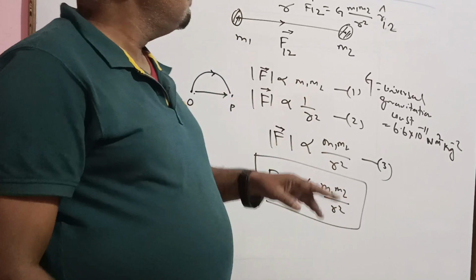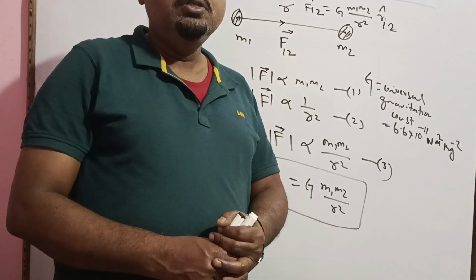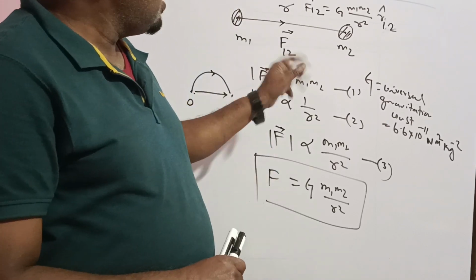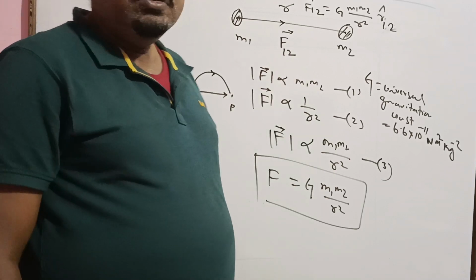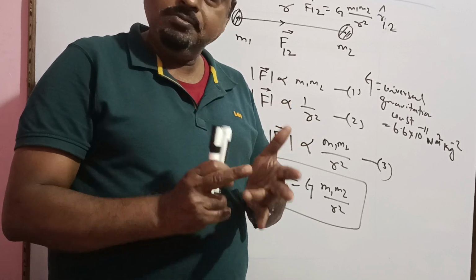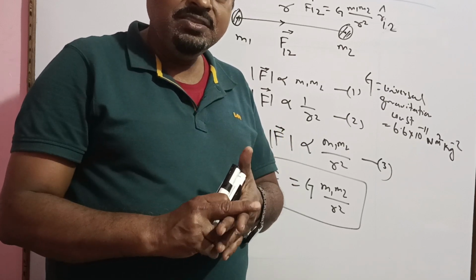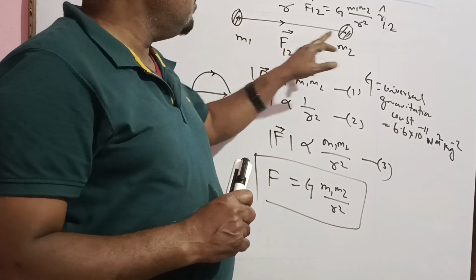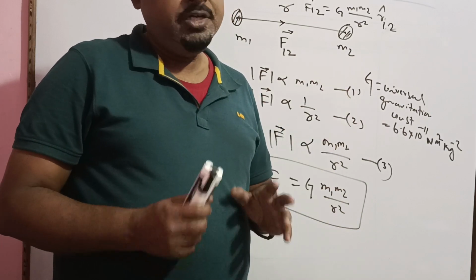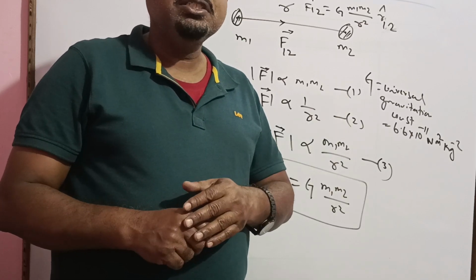Number five, central force: from center to center you take the distance. And long range force. These are the properties of Newton's gravitational force.